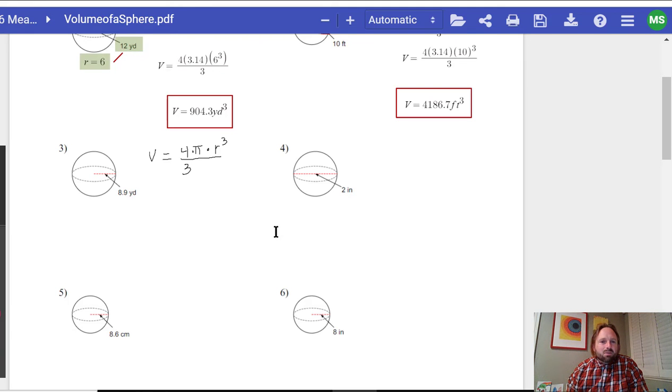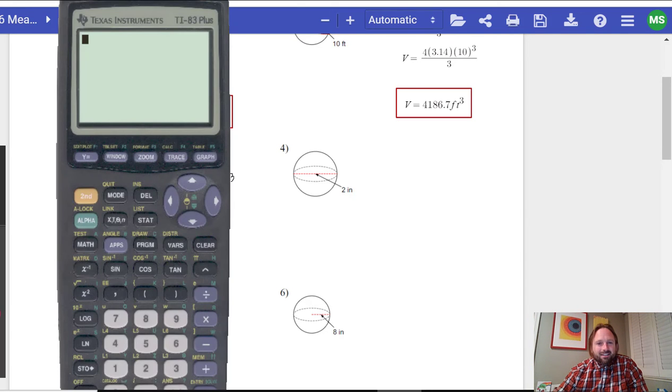Now I just plug it in. 4 times, and if I'm going to use a calculator, I can just leave it as pi. 4 times pi times 8.9 cubed divided by 3.